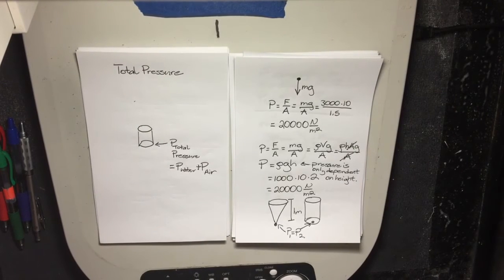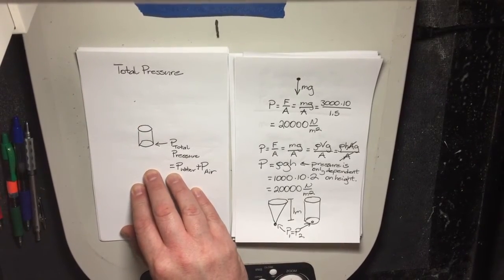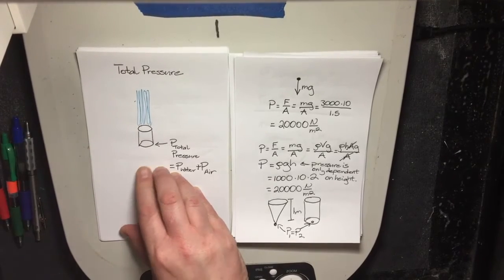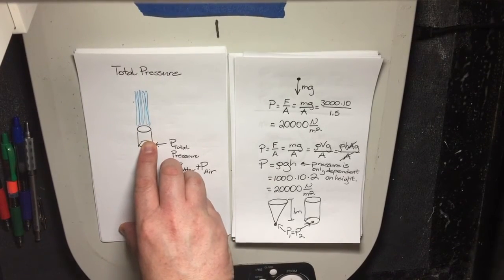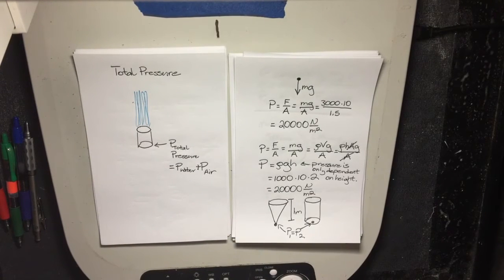If it was just in a vacuum, that object would sit there and the only pressure on the floor would be the pressure of the water. But if it's outside or in this room, the pressure on the bottom is the pressure of the water in the cylinder and then the pressure of the air above it pushing down.